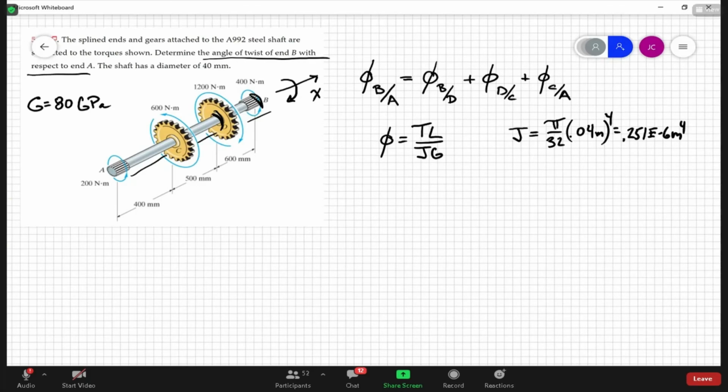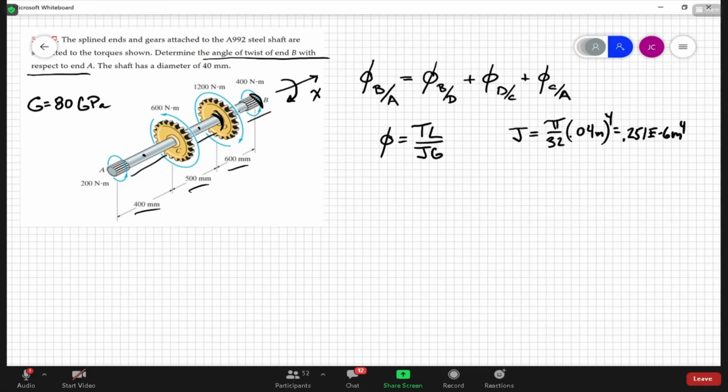All right, so obviously, the lengths are given here. This is the length of section BD, here's the length of DC, and here's the length of AC. What we really need to know is the internal torque in each one of those sections, okay?